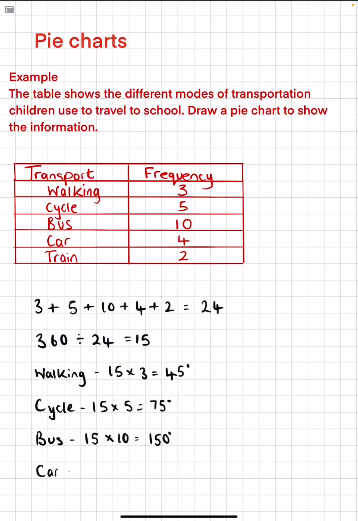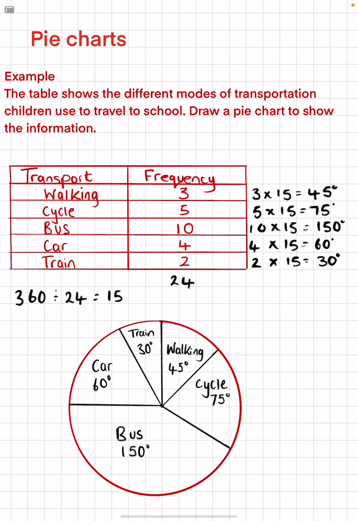For a car, we've got 15 multiplied by 4, which equals 60 degrees. And train is 15 multiplied by 2, which equals 30 degrees. Now that we have all the angles, we can draw the pie chart. Here is the pie chart.